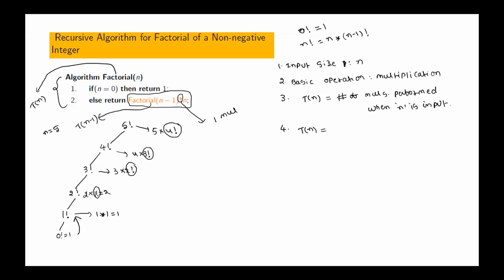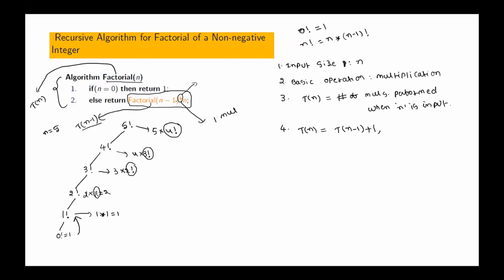In factorial of n, the number of multiplications performed is the number of multiplications performed to calculate factorial of n minus 1, plus this additional multiplication. So T of n can be written as T of n minus 1 plus 1.